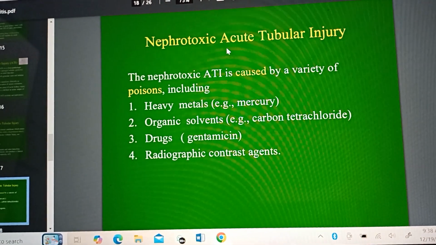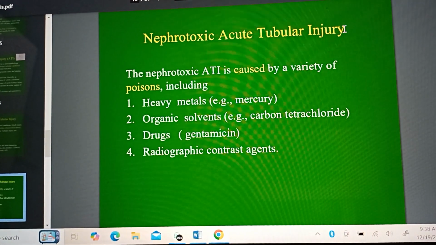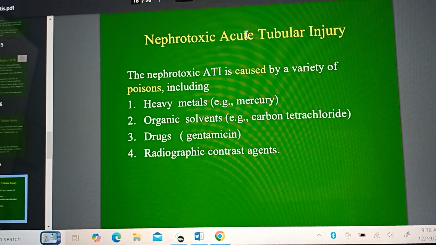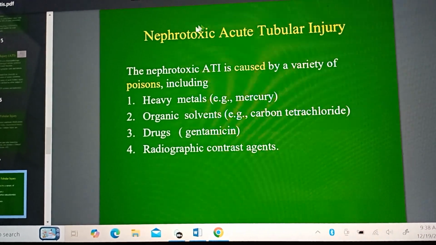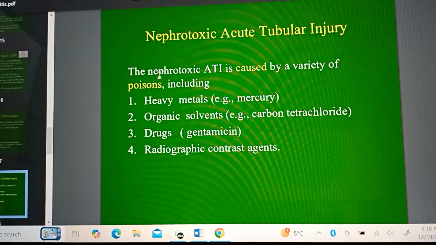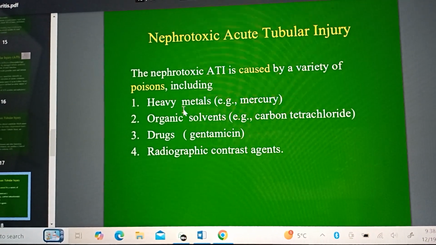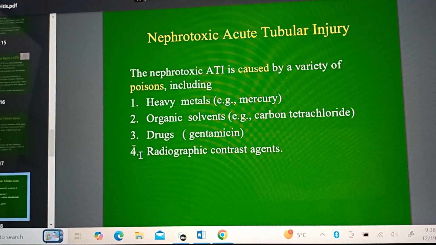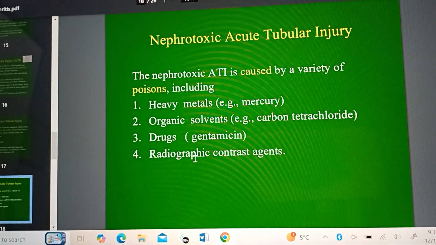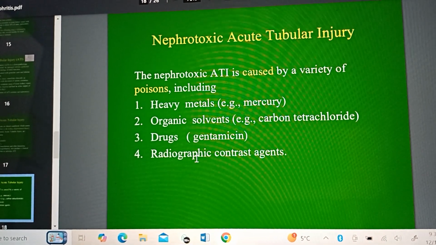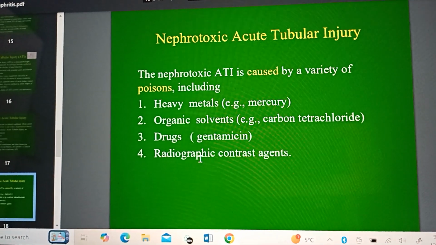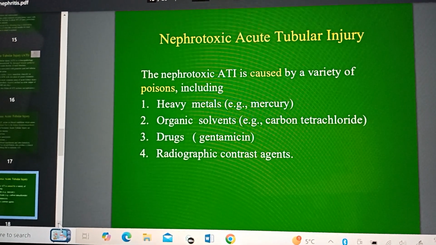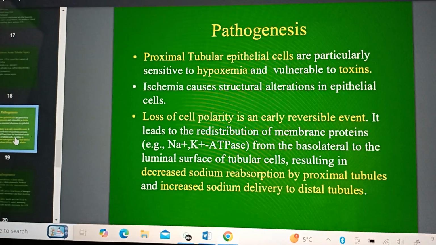So please don't forget, acute tubular injury means kidney tubules are getting injured acutely, either because of ischemia, loss of blood supply, or because of nephrotoxicity. If it is nephrotoxicity, remember these: heavy metals like mercury, organic solvents like carbon tetrachloride, drugs like gentamicin, and radiographic contrast agents, right? Please remember this.